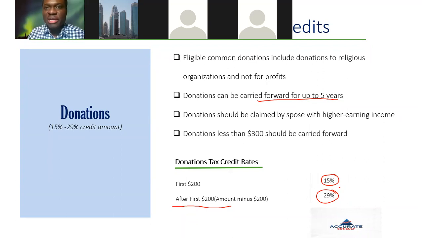My wife can say that she also wants to recognize it on her tax filing, but it will be more beneficial to us in terms of the impact on our taxable income if the spouse with the higher earning income claims it. Then you can always discuss: if I put this on my tax filing, this is the impact, then I can give you that difference. But it will be more beneficial for the spouse with the higher earned income to claim donation.